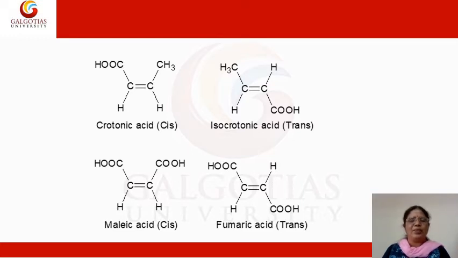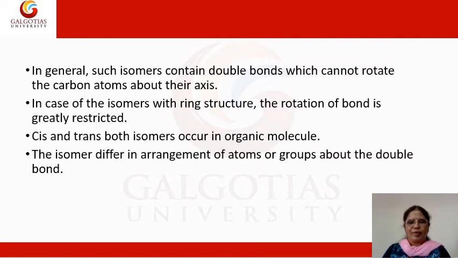Likewise, there are many compounds which show geometrical isomerism and hence they can be depicted in two forms, cis and trans. The requirement is there should be at least one double bond, and each double bonded carbon atom should have two different groups attached.